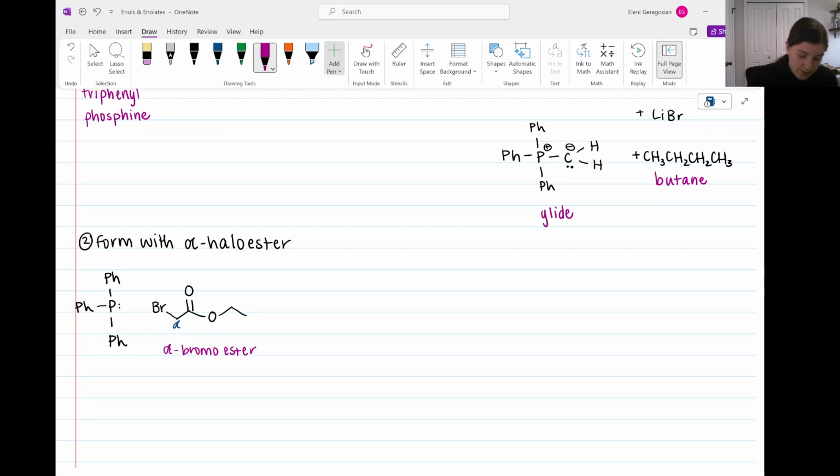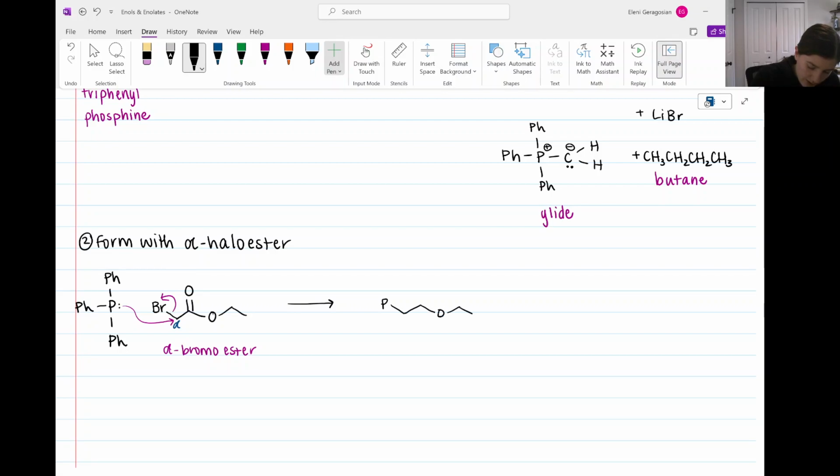Just like the previous reaction, the first step is a substitution where the phosphorus can bond to the alpha carbon and the bromine will leave. So now we have phosphorus bonded to the alpha carbon.